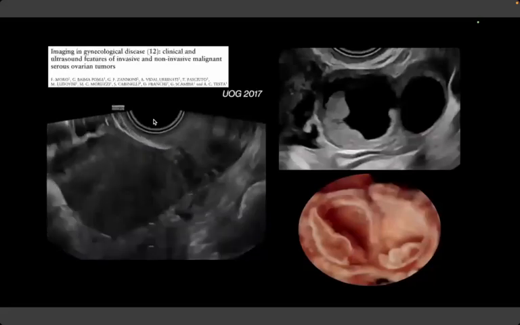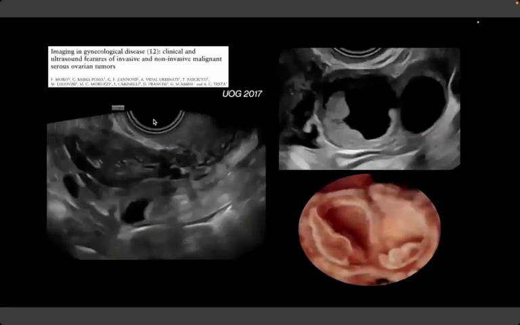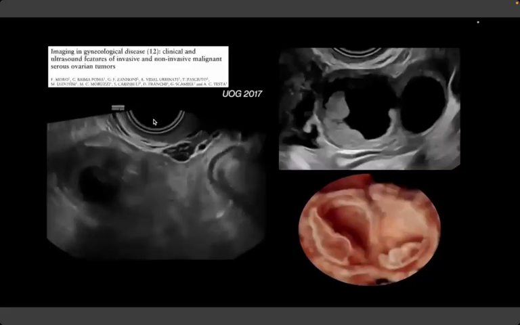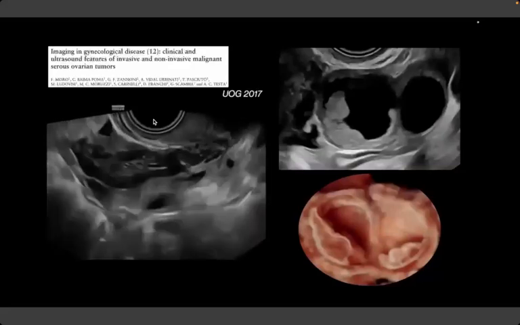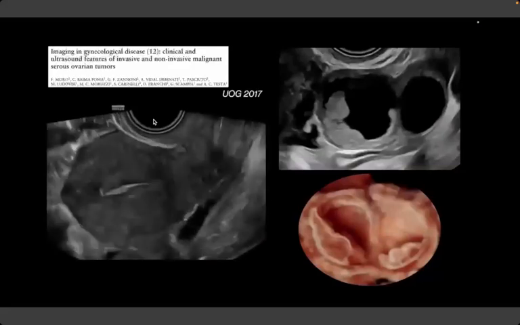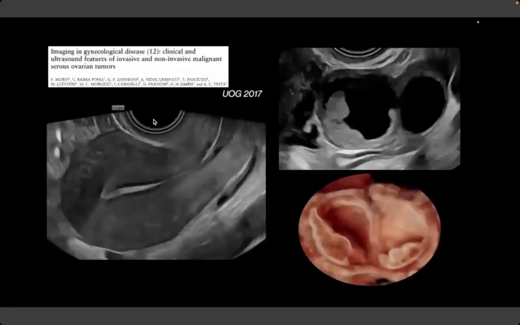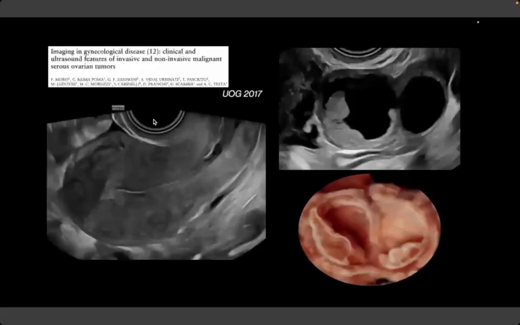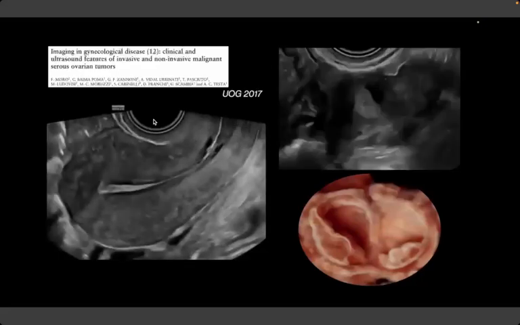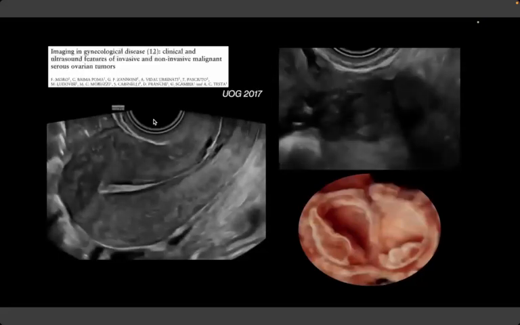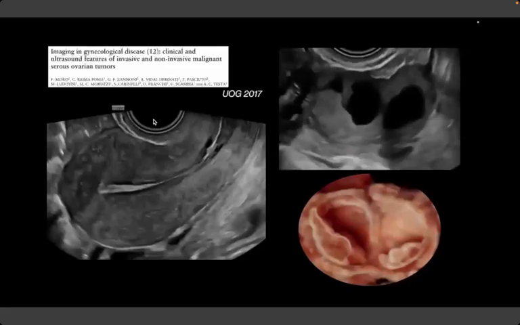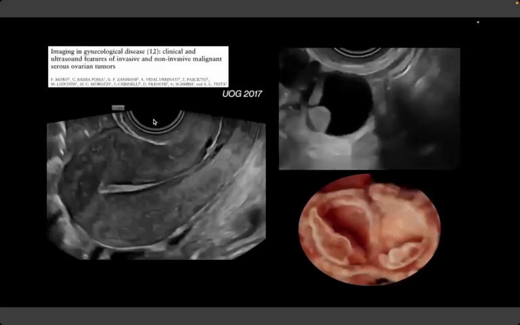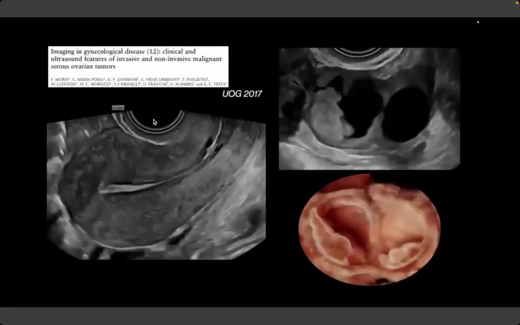The papilla we just saw is very different from the one we see in this case of borderline ovarian tumor. In this case, the lesion is multilocular solid for the presence of 2 locules and 2 papillae. The papillae have irregular shape and do not present posterior shadowing. So the papilla of the borderline ovarian tumor is different, is softer than the papilla of cystadenofibromas.